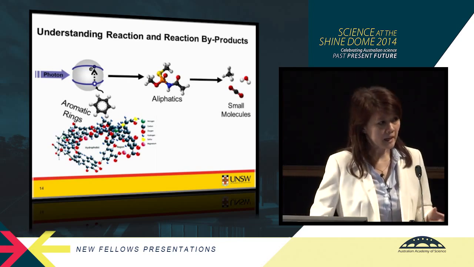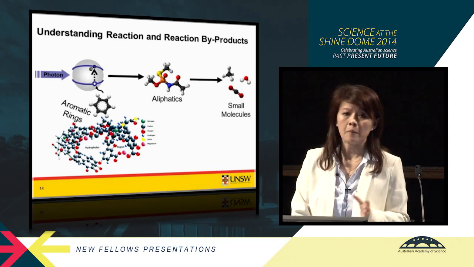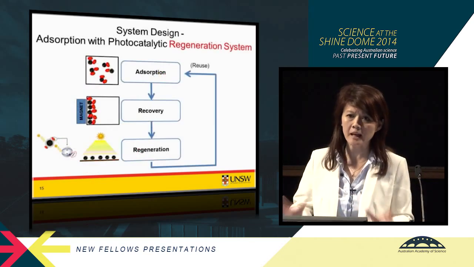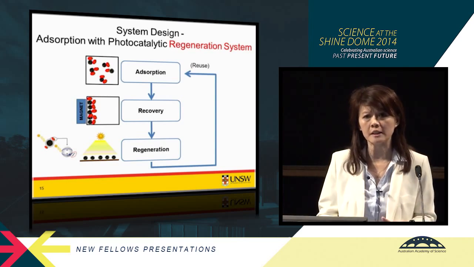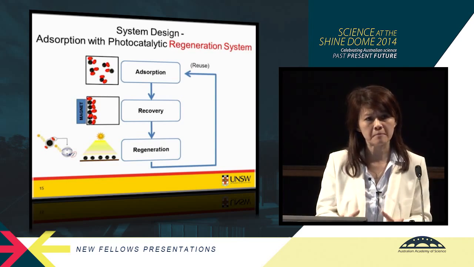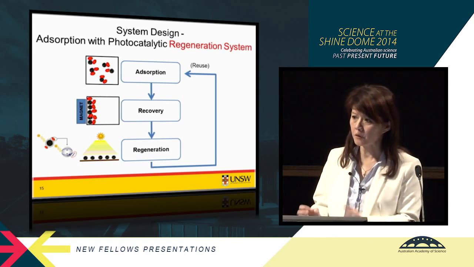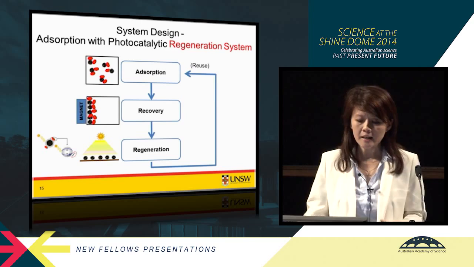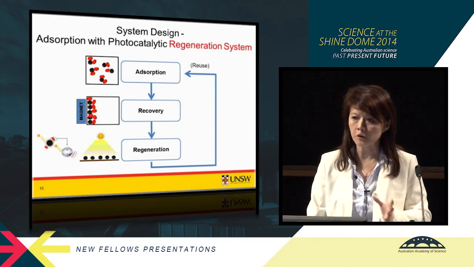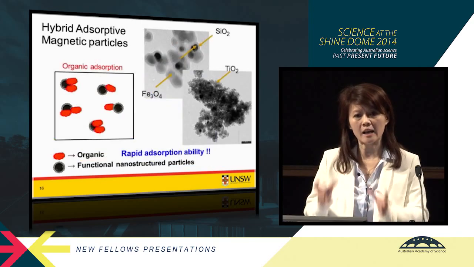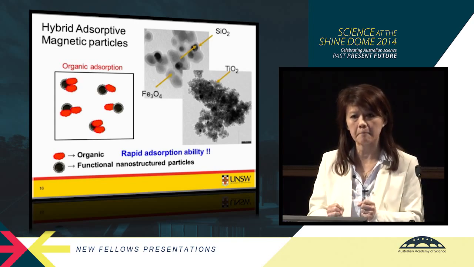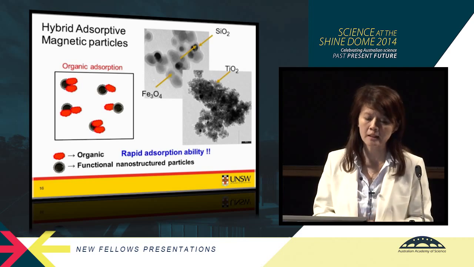So knowing the limitations of the system, my group is redesigning the process system, using the photocatalysis not as an on-line treatment to treat the water, but using the photocatalysis as an off-site regeneration system. So we designed materials, a photocatalyst, that is highly absorptive. We have to make sure that the surface can capture the natural organic matter very quickly in large quantity.